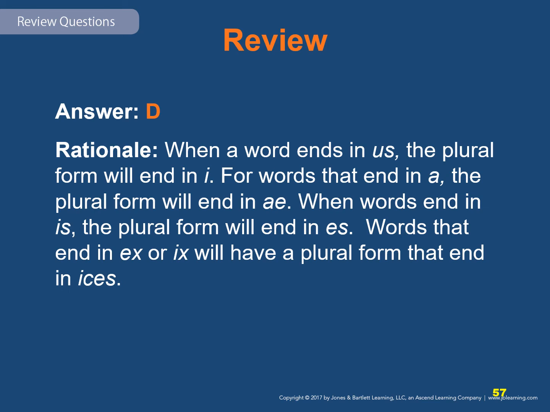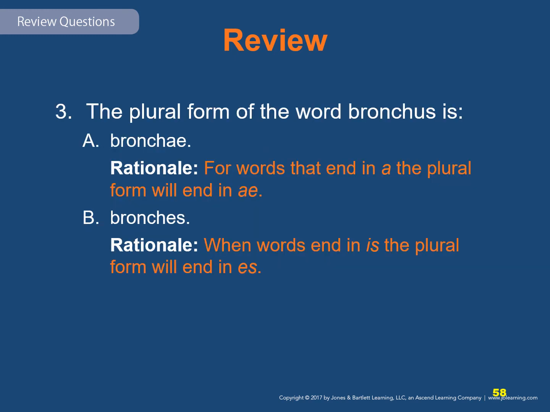Again, you might want to refer to the master table in Chapter 5 of your text, so that you can have a solid grip on how these transitions work. Just to review again, the plural form of the word bronchus is bronchi, which is incorrect because words that end in A will have a plural form that ends in AE.